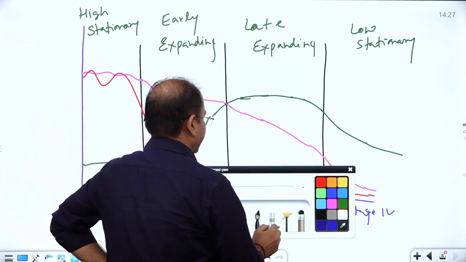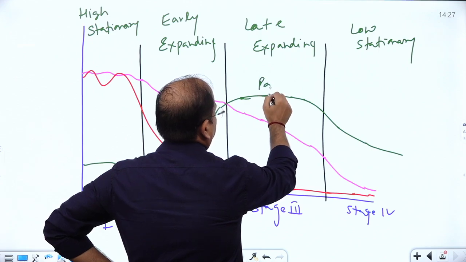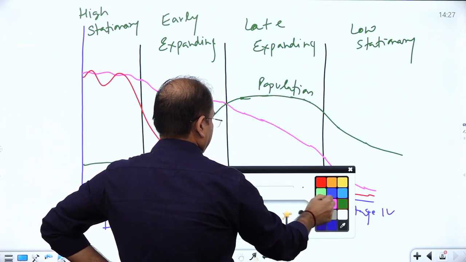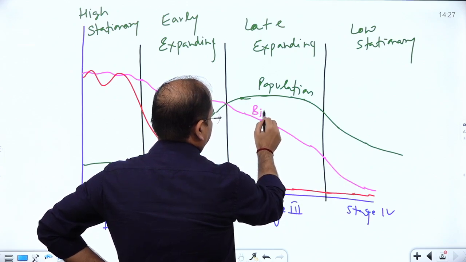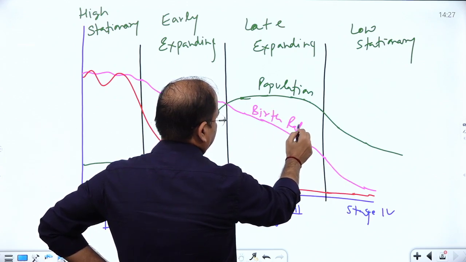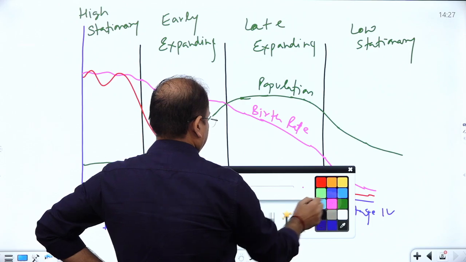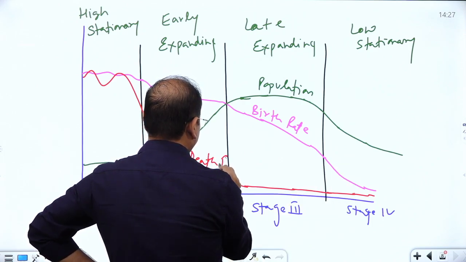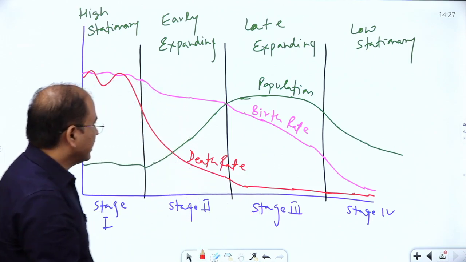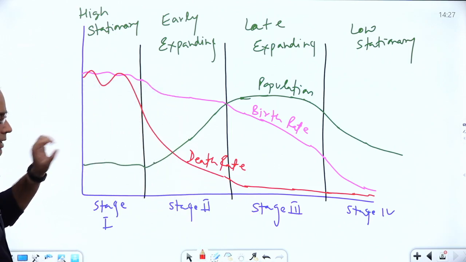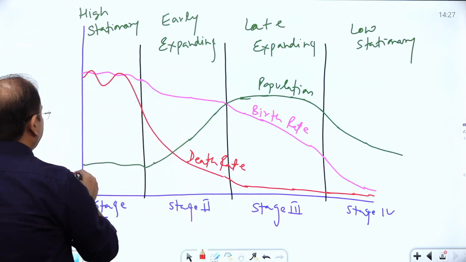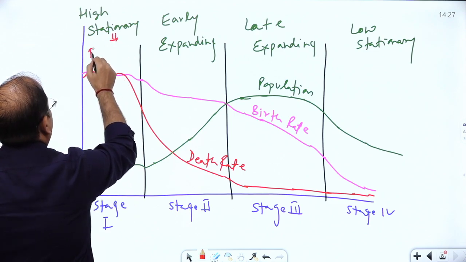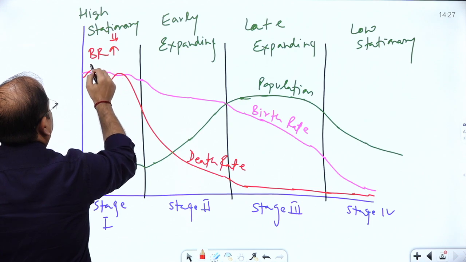This line is showing population growth. This line is showing birth rate. This line is showing the death rate. Now, if you can see in this first stage, here I am writing, birth rate is very high.